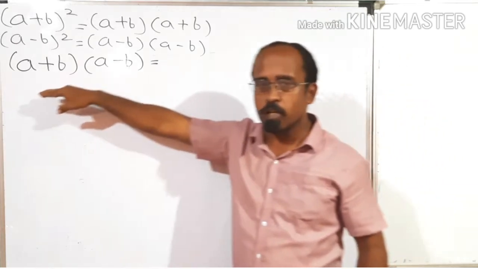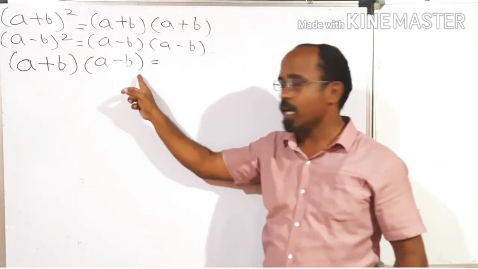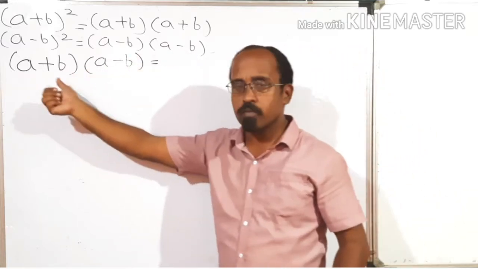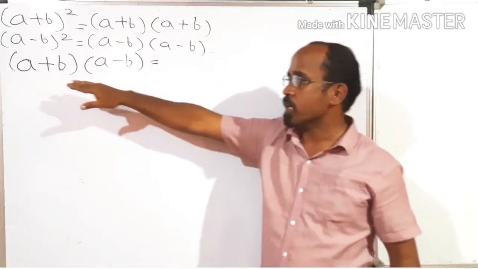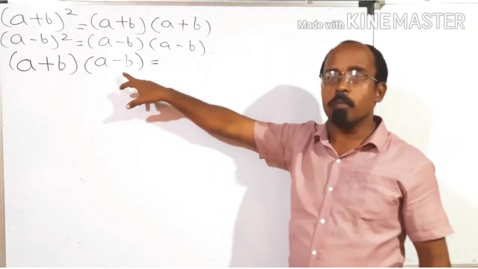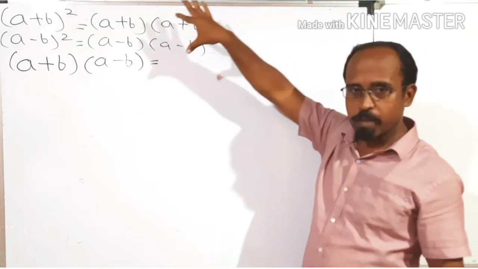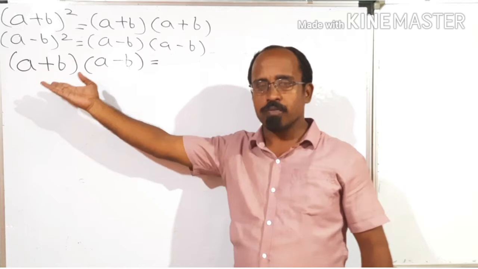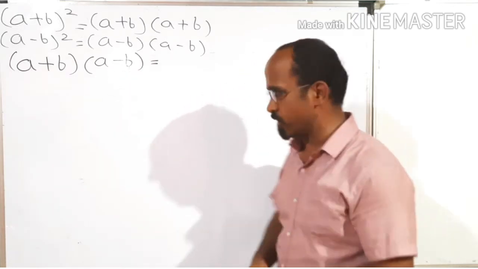But the difference in the third formula is here are also two terms, a and b, but the symbol between two terms in both of the brackets is different. In first bracket symbol of plus is there, and in second bracket symbol of minus is there. So that is the major difference between these two formulas, (a plus b) square and (a minus b) square, and the new formula which we are learning today, that is (a plus b) into (a minus b). Okay, now let's derive it.